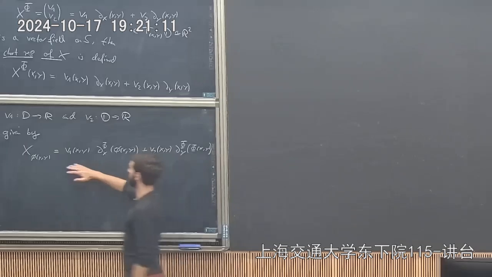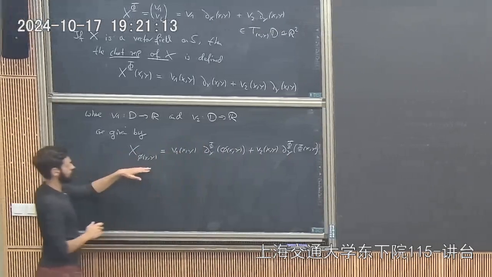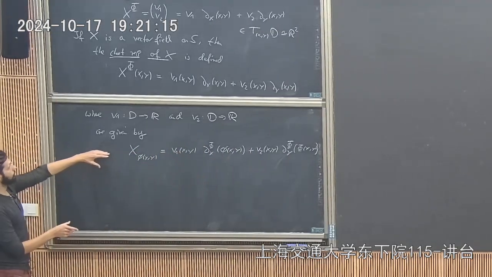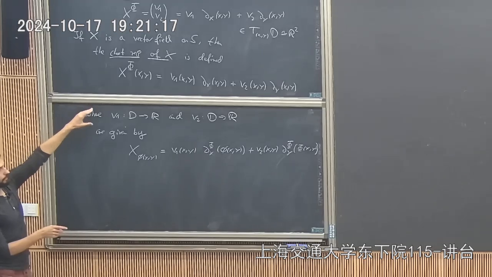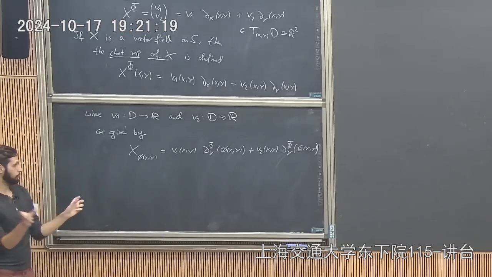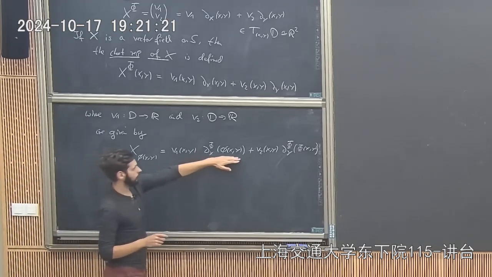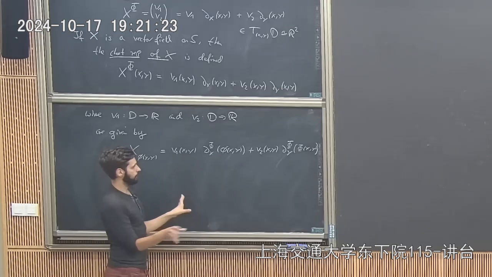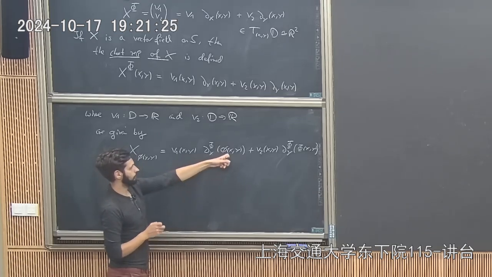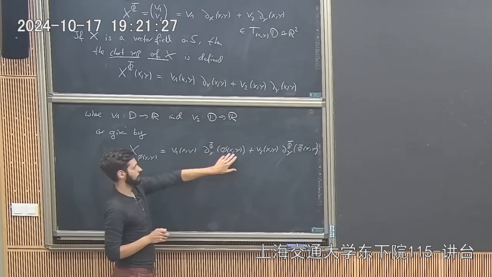The idea is that every tangent vector, if I fix a given point, I can represent as a linear combination of these two vectors. And now I vary the points also and allow them to be indexed by the chart.